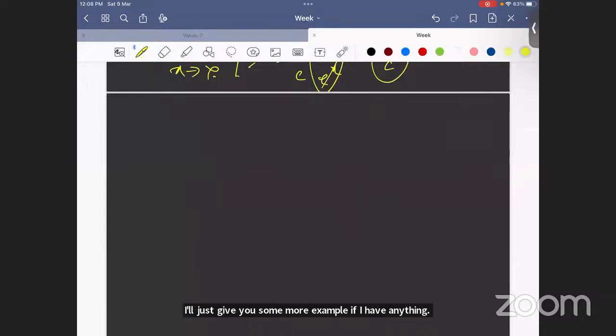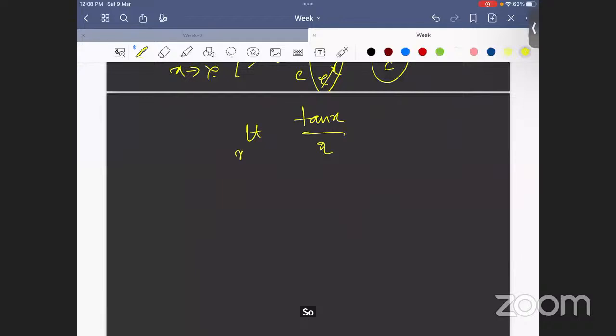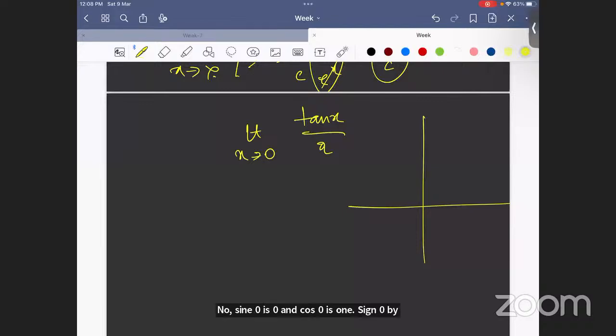See, tan x upon x, x tends to 0. What is tan 0? Tan 0 is 0, since sin 0 is 0 and cos 0 is 1. Sin 0 by 1 is 0.